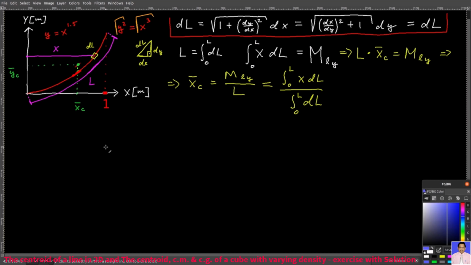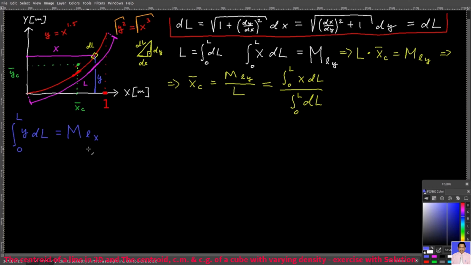And then you will do the same thing with the y dimension. This dl here, it has a y dimension. That's the distance from dl till the x-axis, and so you can have a product y times dl and then you integrate that from 0 till L. With that, you get the total integrated product of a dl and its corresponding distance from the x-axis.